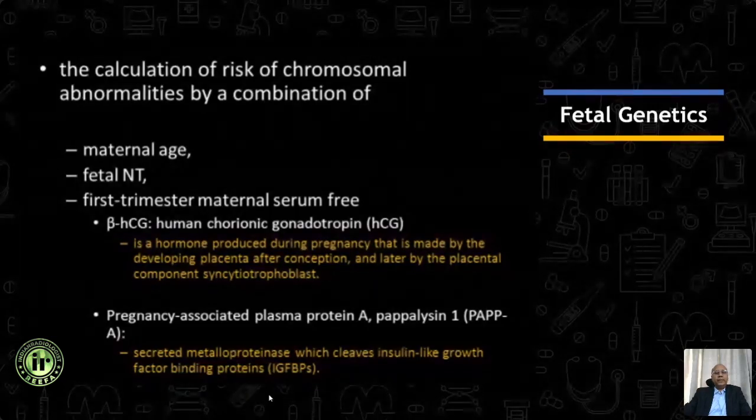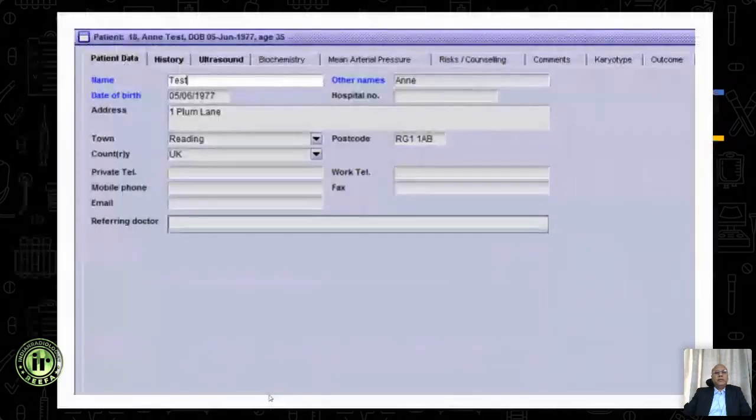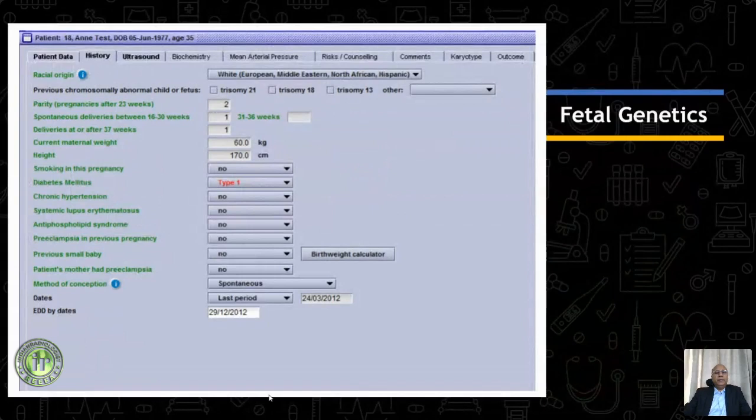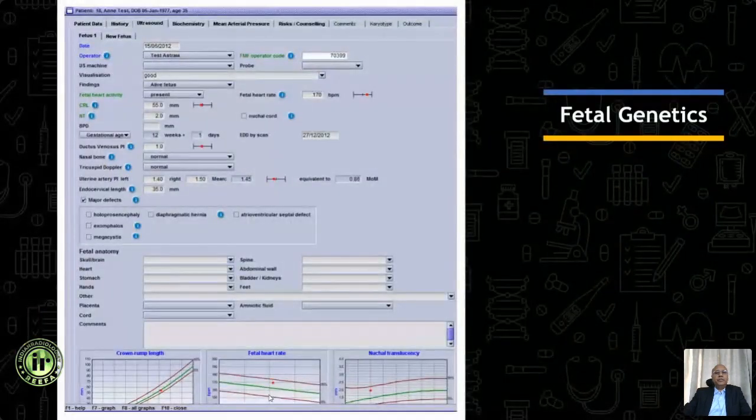A combination of the maternal age and any one or multiple of these markers, along with the maternal serum beta HCG and PAPP-A, will give us a risk for aneuploidy. In the first trimester, we have to use certain software for arriving at the risk. This software will ask you for the patient details: the maternal age, weight, height, background conditions of the mother like diabetes and SLE lupus, and also details about previous gestations.